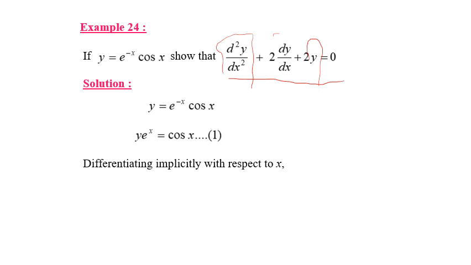So differentiate implicitly. Okay, they differentiate implicitly. On the left hand side we have two terms, so remember to apply the product rule, u and v, so it would be uv prime plus vu prime.